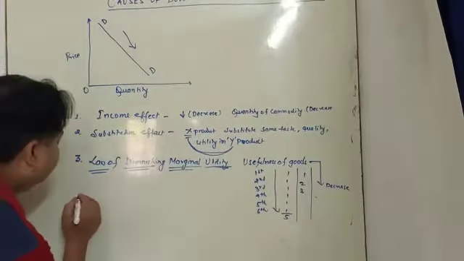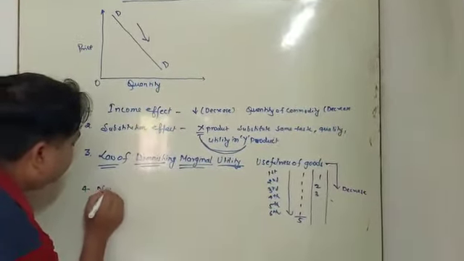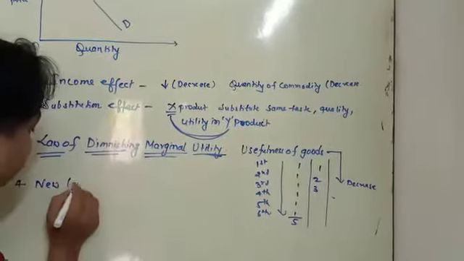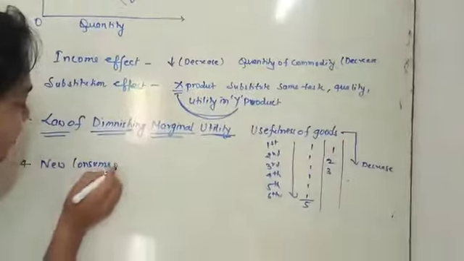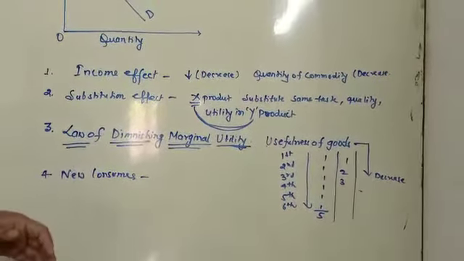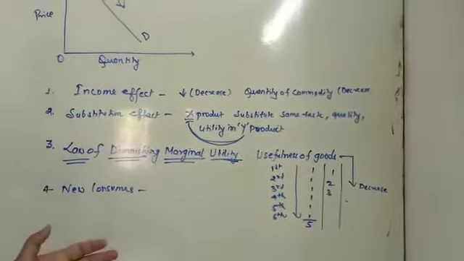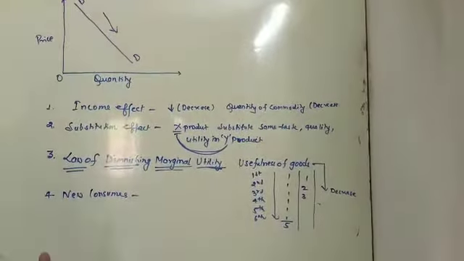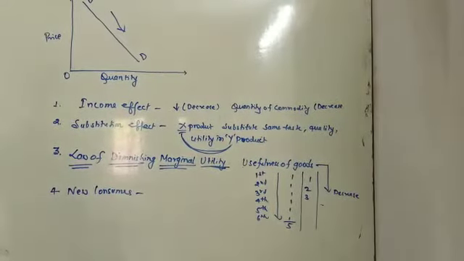Another, the fourth, is new consumer. New consumer means when in the same population, another consumer is added, the usefulness of the same product increases.